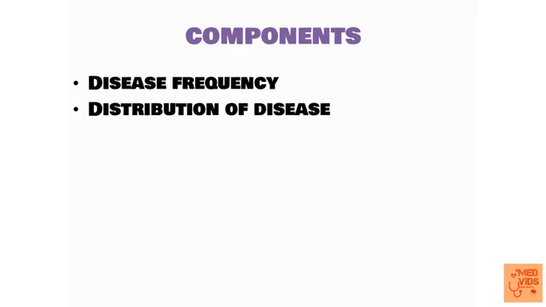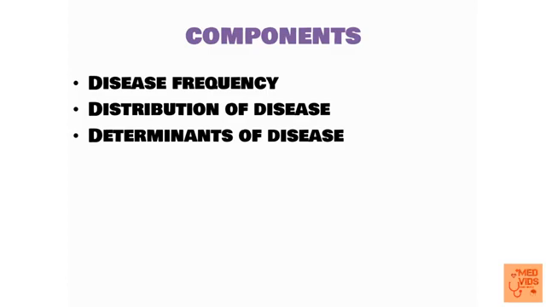So so far we have seen two important components of epidemiology, that is disease frequency and distribution of disease, and the most important component of epidemiology is about determinants of disease. This is one of the most important components of epidemiology. So this component, the determinants of disease, deals with identifying the causes or risk factors of the disease.